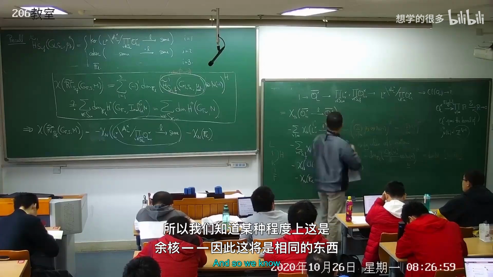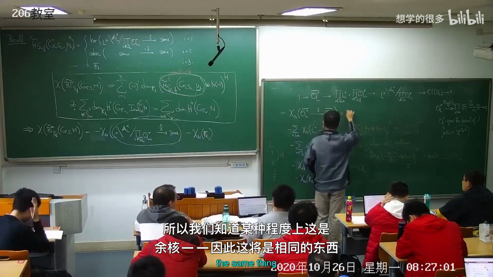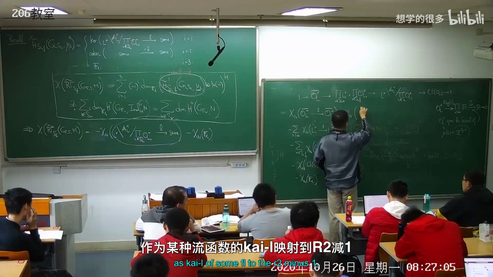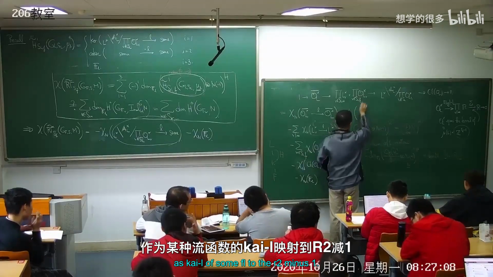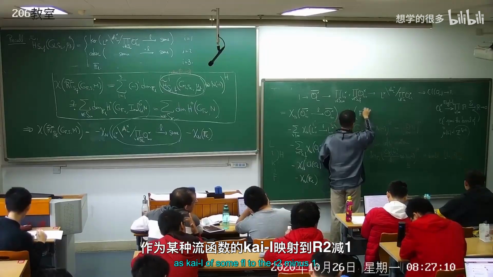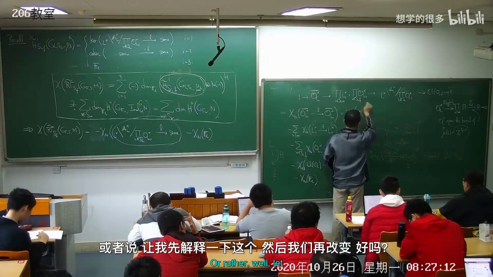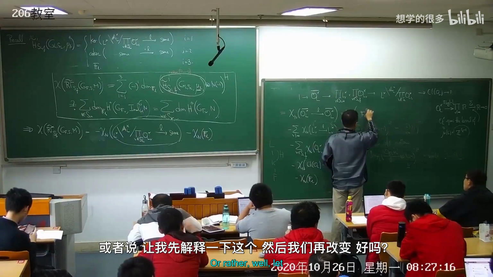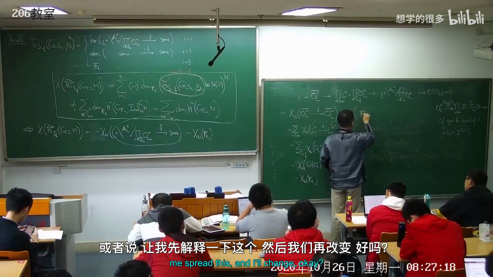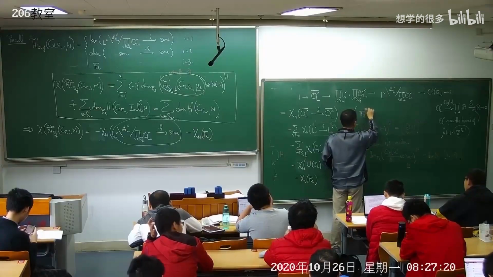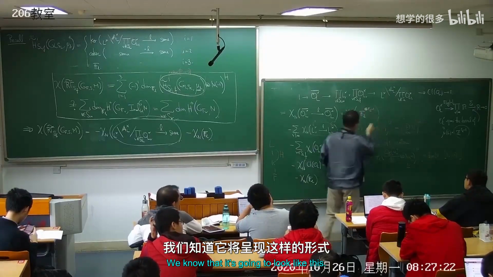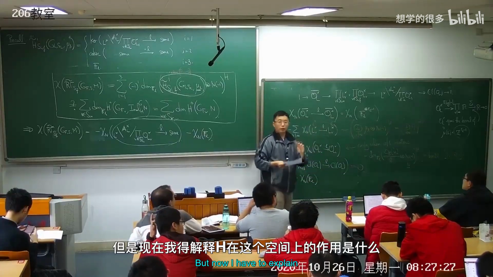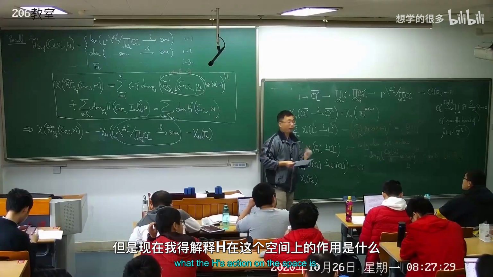And so we know that somehow this will be the same thing as chi L of just some FL to the R2 minus 1, or rather, well, let me first write this and I'll change it, okay? We know that it's going to look like this in terms of modules. But now I have to explain what the H action on this space is.